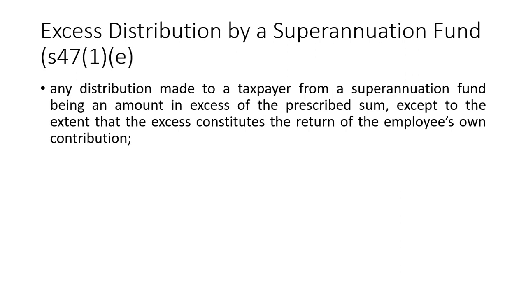Now, any excess distribution will be part of the statutory income. So the distribution made to the taxpayer from a superannuation fund being an amount in excess of the prescribed amount, except to the extent that the excess constitutes the return of the employee's own contribution.